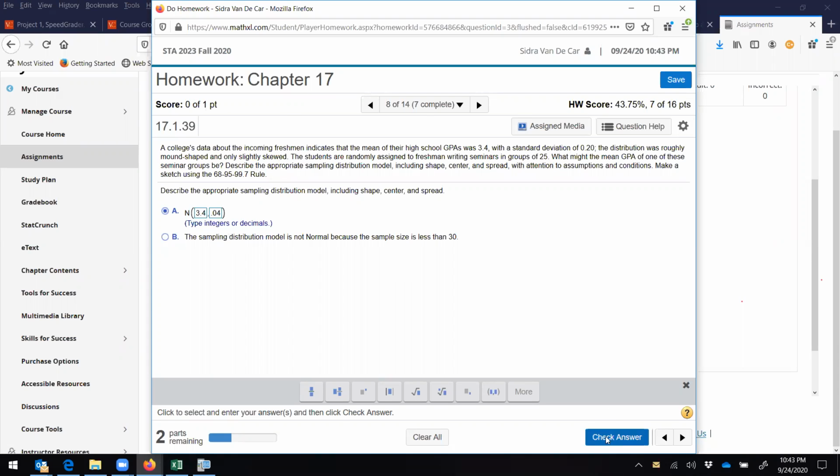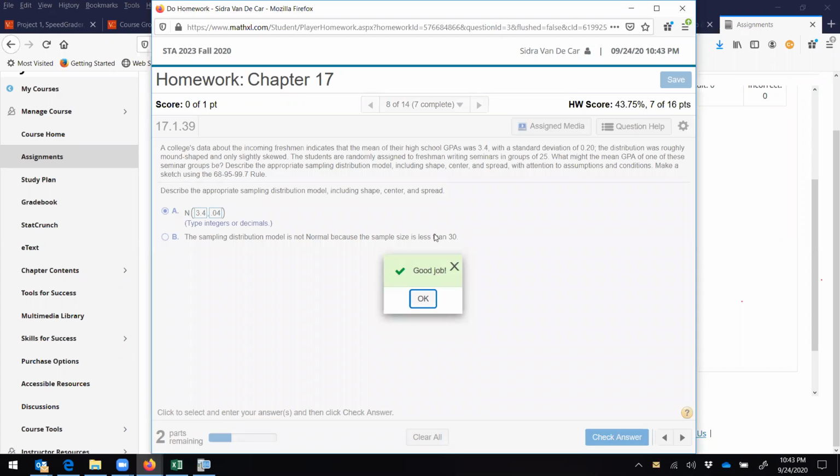That's a tricky question. In general, we require more than 30, but anything coming from a normal distribution will continue to follow a normal distribution when the sample size is less than 30. So it's the fact that it's only slightly skewed that's allowing us to continue to say that.